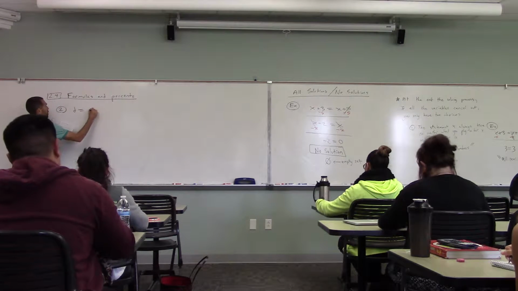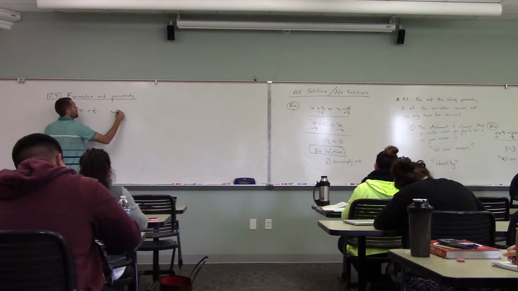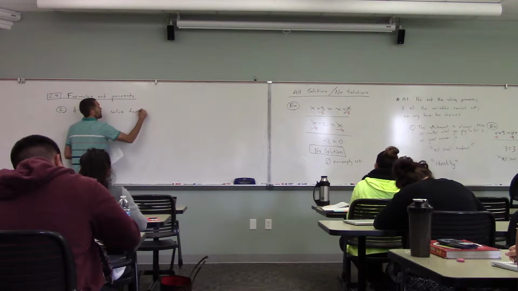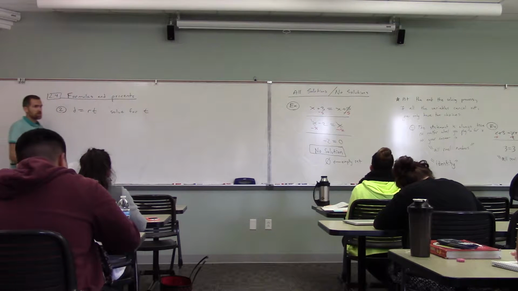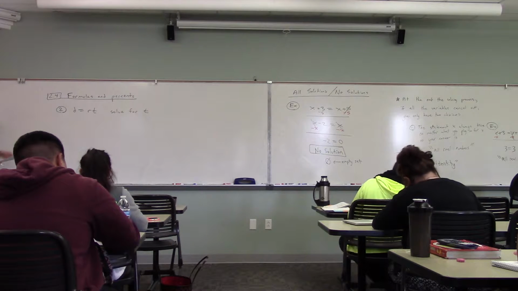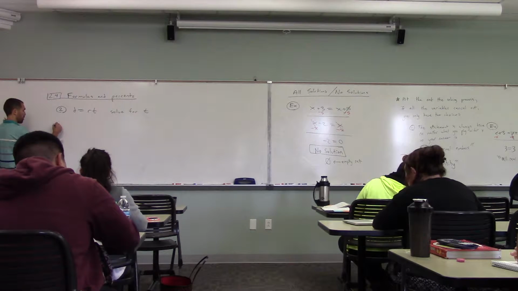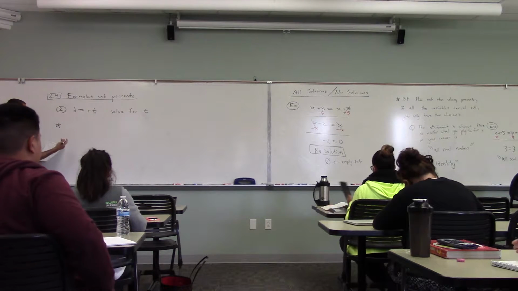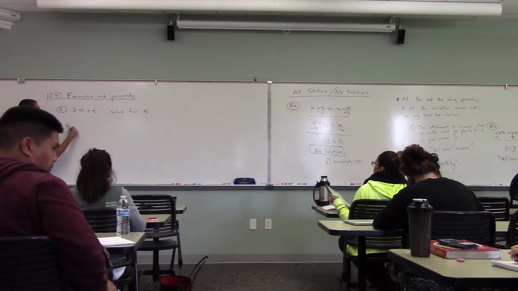D equals RT. Solve for T. Alright? So I'm just going to give you the one sentence of notes and then we'll actually solve the problem. So the big idea here.